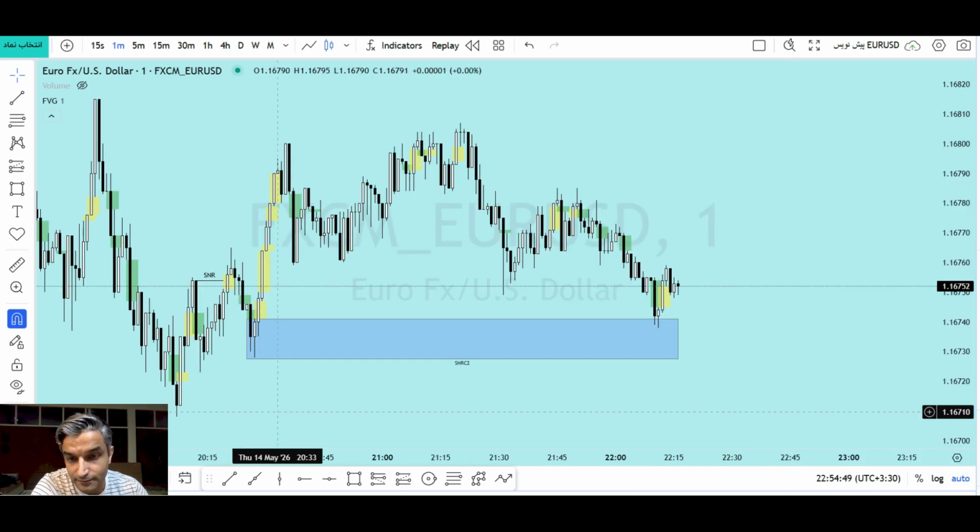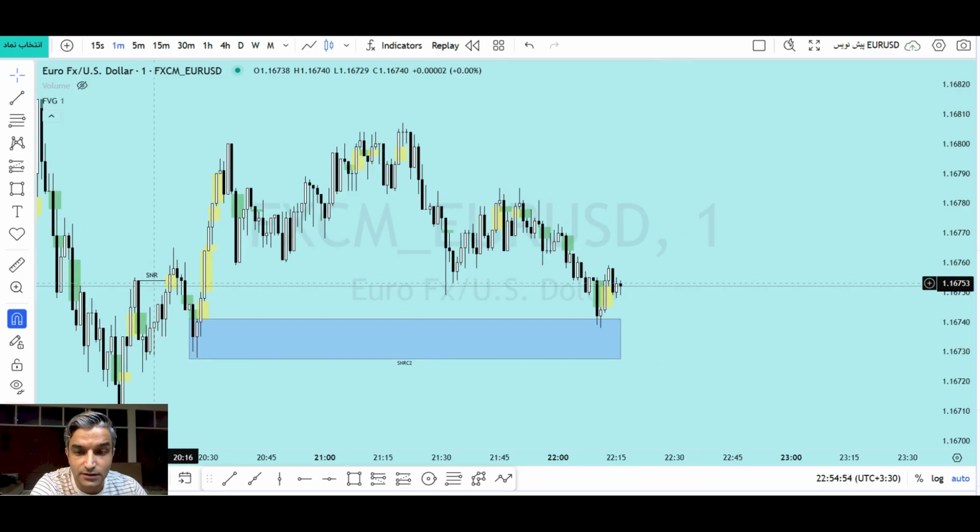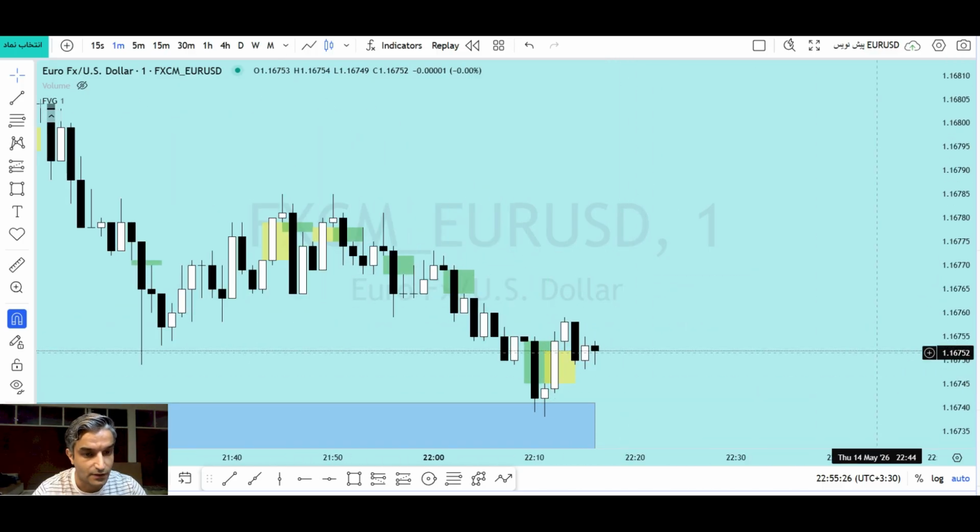As you see, we have a resistance here. Price breaks it, comes down and goes up. And it's taking a little time to come back to this order block, okay, and then touch it, let me zoom in, make an engulfing candle as a confirmation.